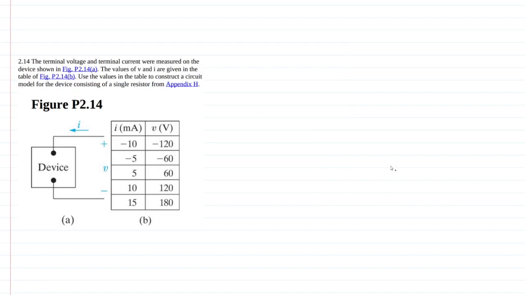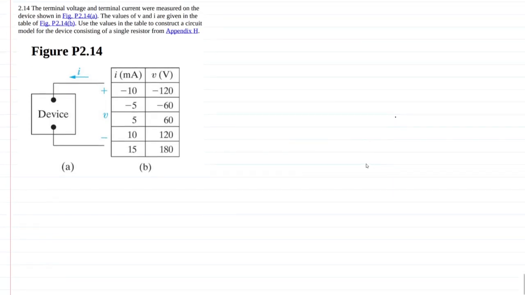All right, so for problem 2.14, we are given this data, these currents and voltages, and we have to figure out a circuit model that would model this device as a single resistor. So we're going to come back to Ohm's law, V equals I times R, and we want to find the R. To do that, we divide the voltage by the current.